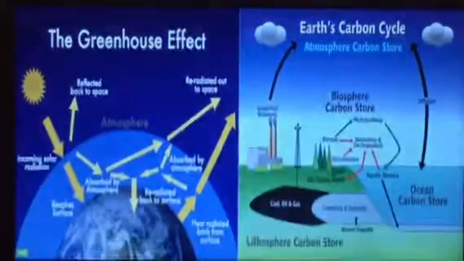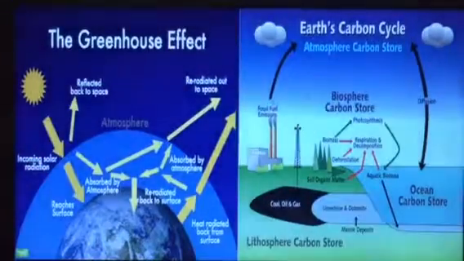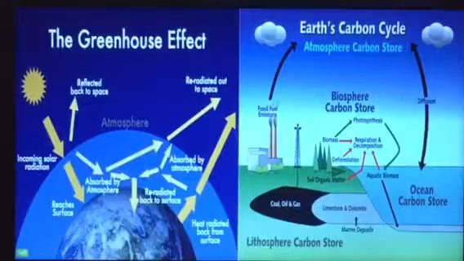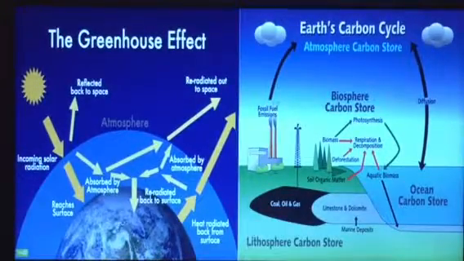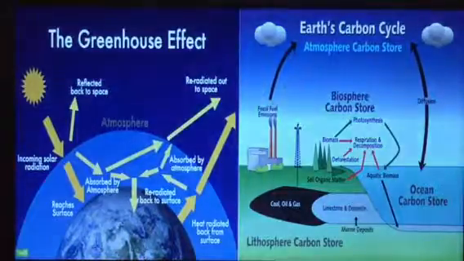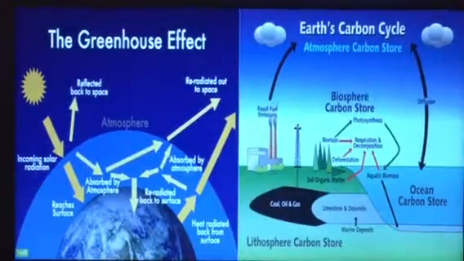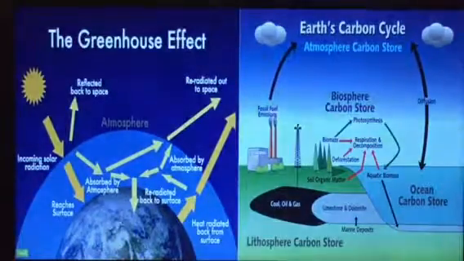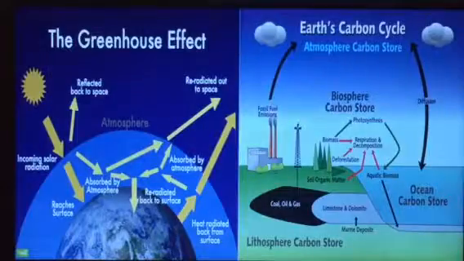Explain the right side, the Earth's carbon cycle, the image on the right, which shows the biosphere carbon store and the ocean carbon store and other things that are here. So if you have a power plant such as the one on the left side of that image, fossil fuels are released into the air, which creates an atmosphere carbon store.